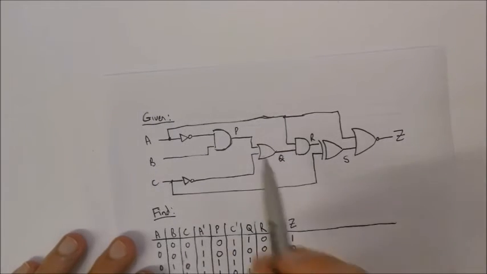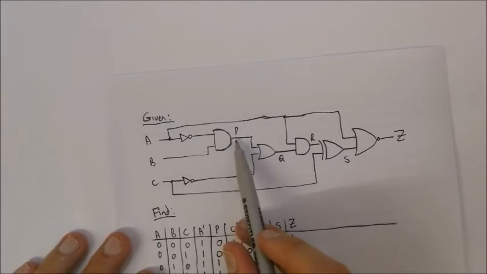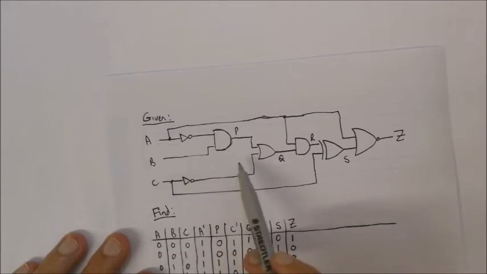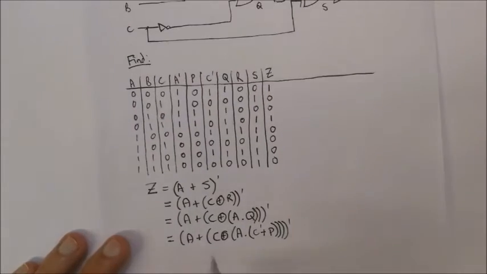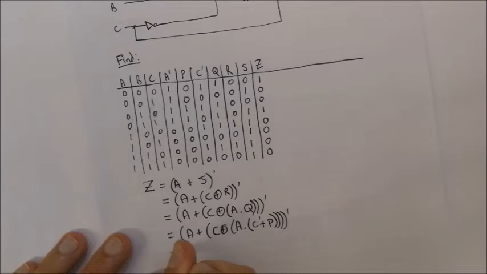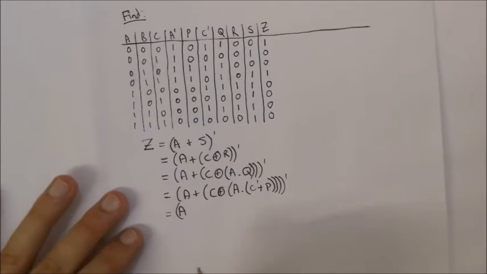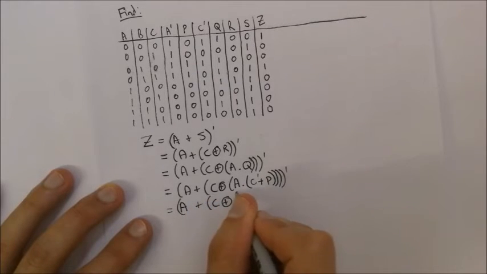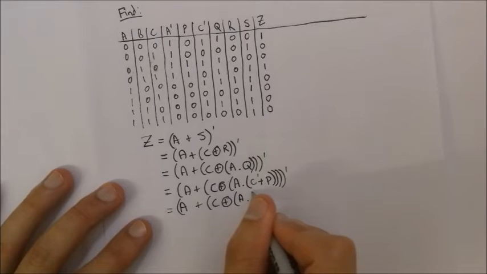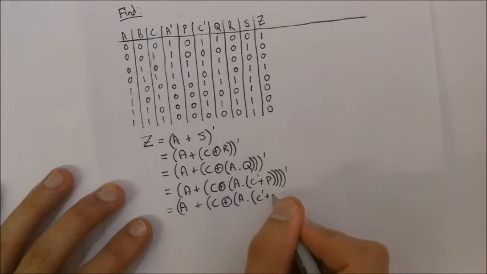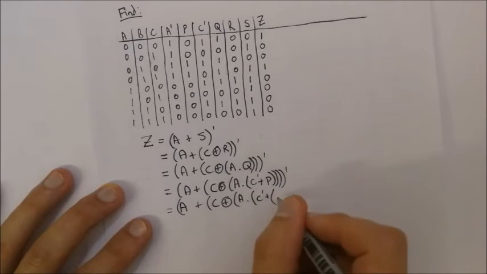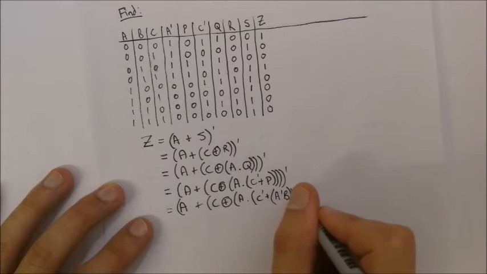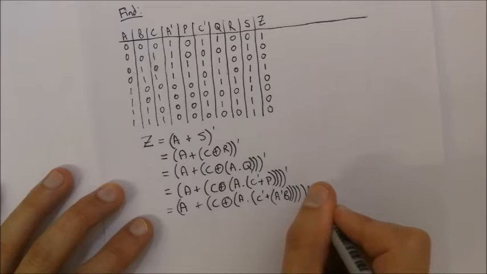But P is not one of our inputs, so P is equal to A NOT and it with B, so A NOT B. We can then say this is equal to A or C XOR of A multiplied by C NOT plus P, where P is equal to A NOT B, and that's all NOT.